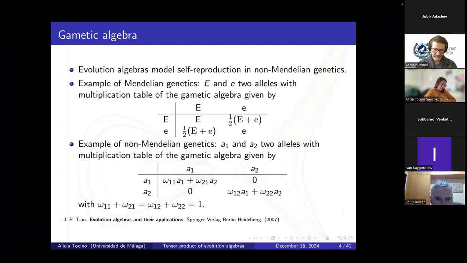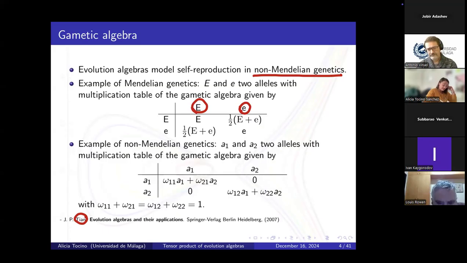Evolution algebras are a kind of algebra that Tian wrote a lot about, and they are a kind of gametic algebra that models self-reproduction in non-Mendelian genetics. So if we have Mendelian genetics, then we can consider the alleles A1 and A2 as the vectors of the basis of our algebra, and we can give the multiplication table of each of them.